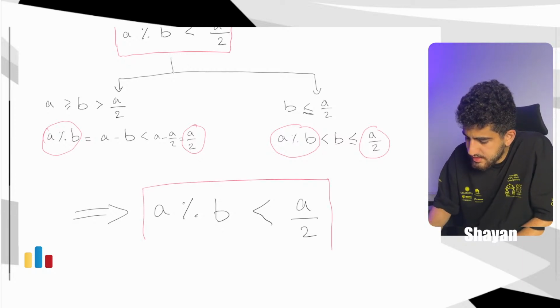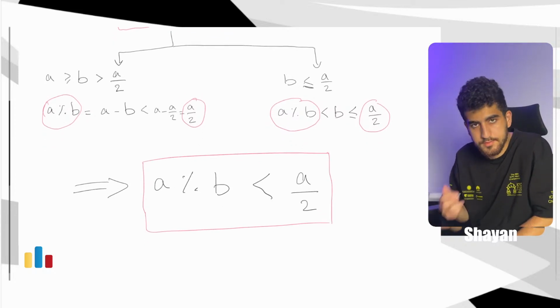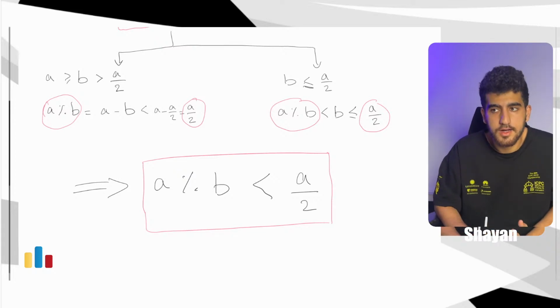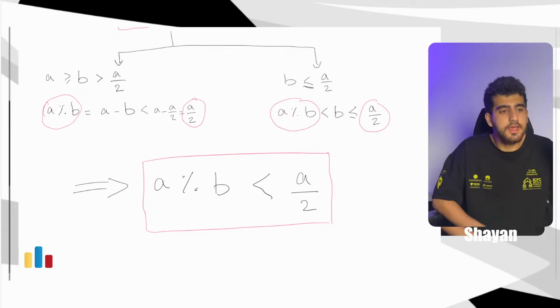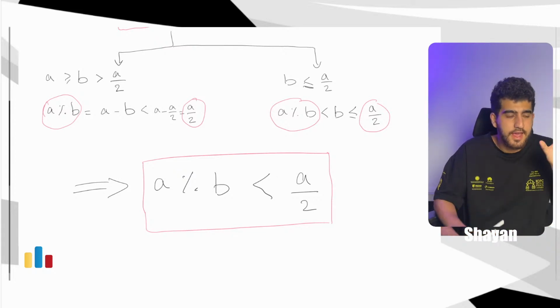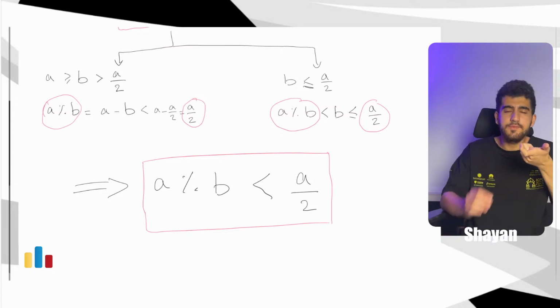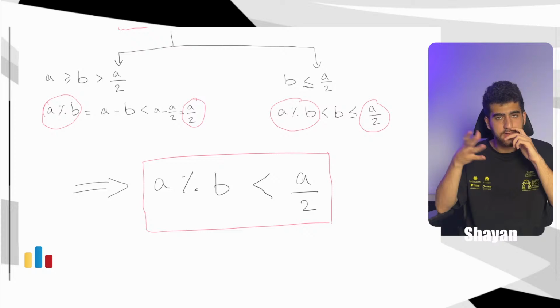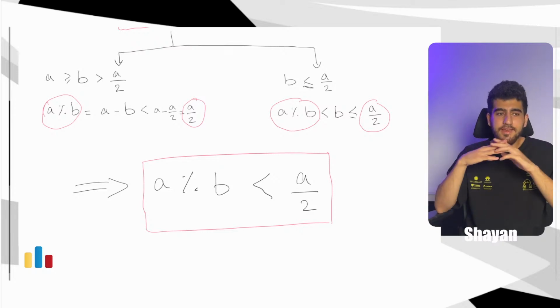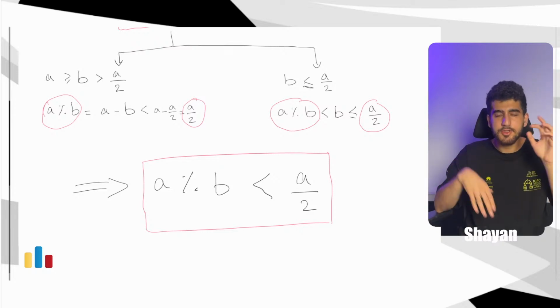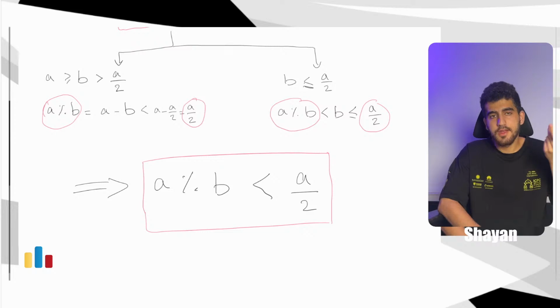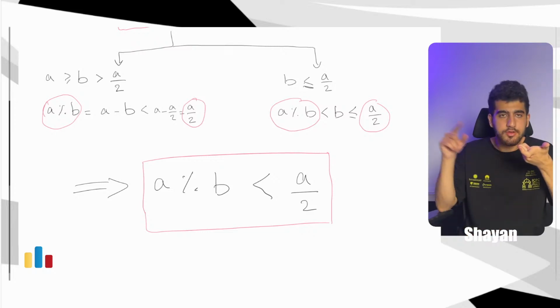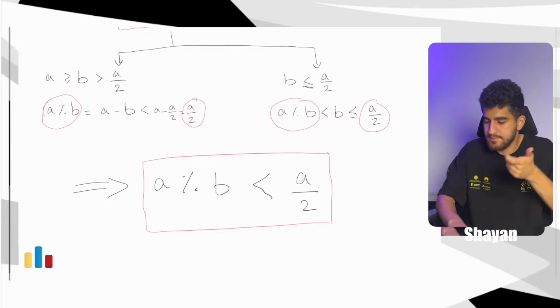If B is greater than A, modulo B is equal to A. So we can say that when we're taking a modulo B, if B is greater than A, a modulo B is equal to A, because we cannot take out any B. But if B is less than or equal to A, a modulo B is going to be less than or equal to a half. So a modulo B either is equal to A or is less than a half.